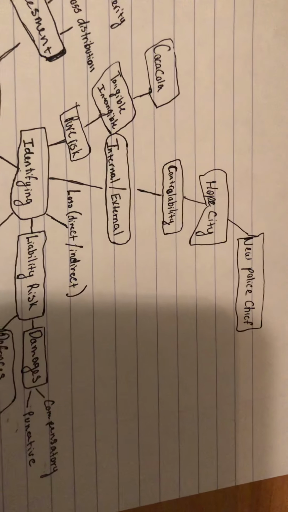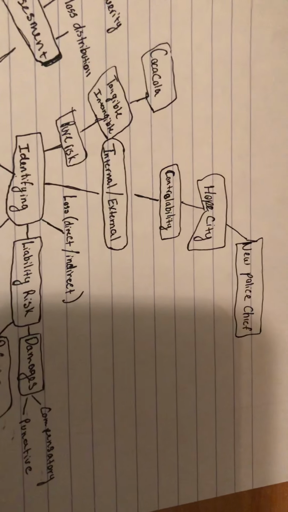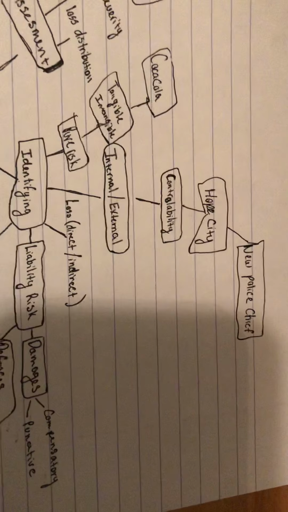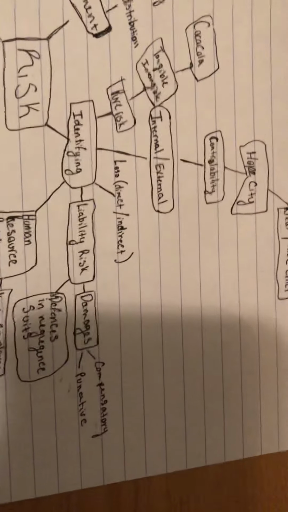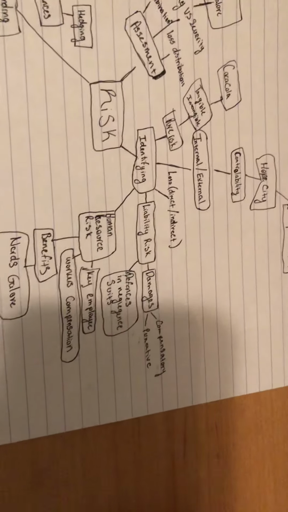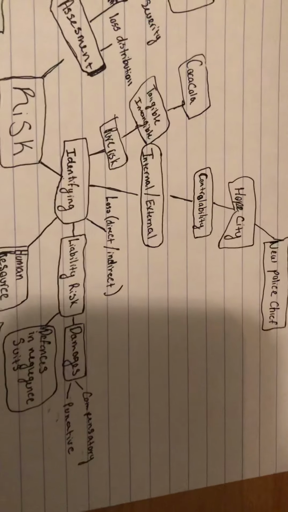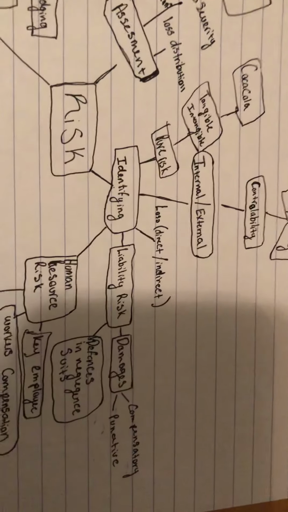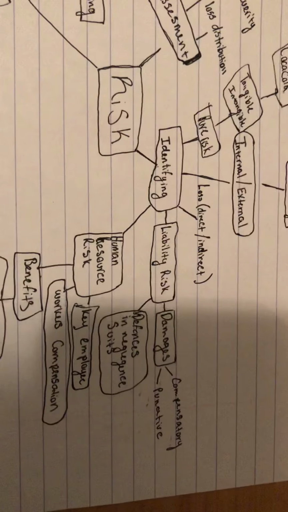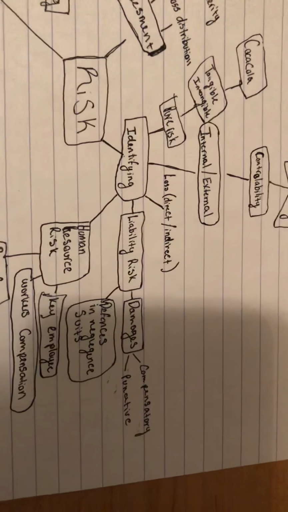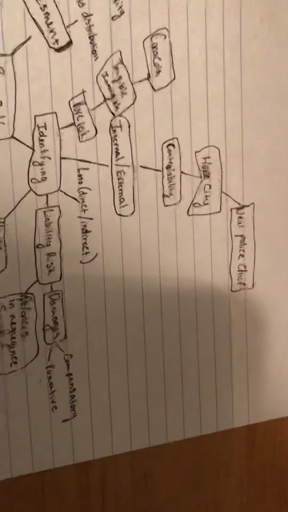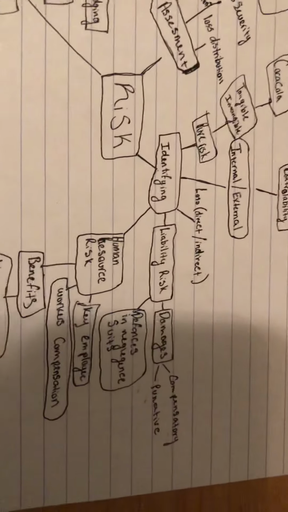And he then started to talk to others about methods of controlling the risk. But first, he started with identifying all the different types of risk and all the different avenues. So you talked to all different departments about the issues that arise for them and their risks, and how that affects the police department. So I think that was a pretty good example when it comes to identifying risk.